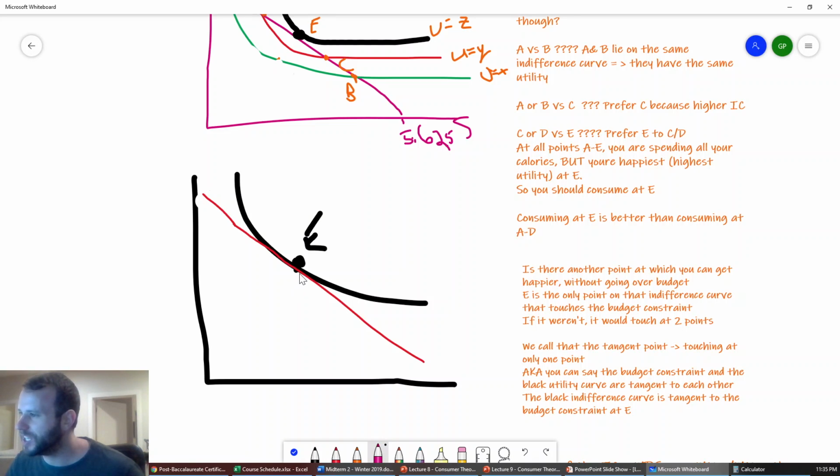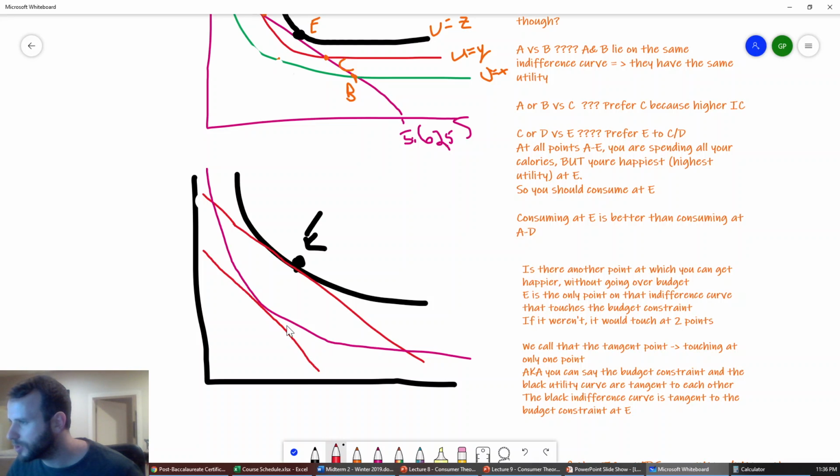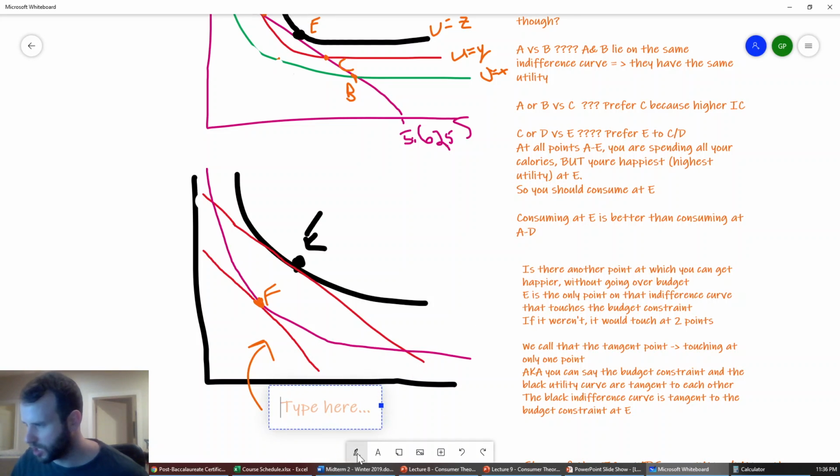All right, so I have E, which is tangent to the budget constraint, right? So I have an indifference curve, and I want to draw a tangent at point F. Let me label everything.